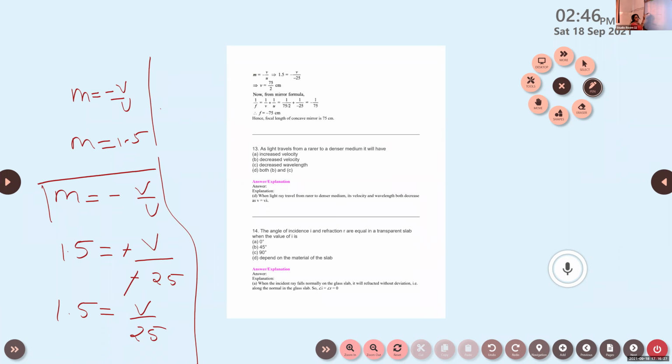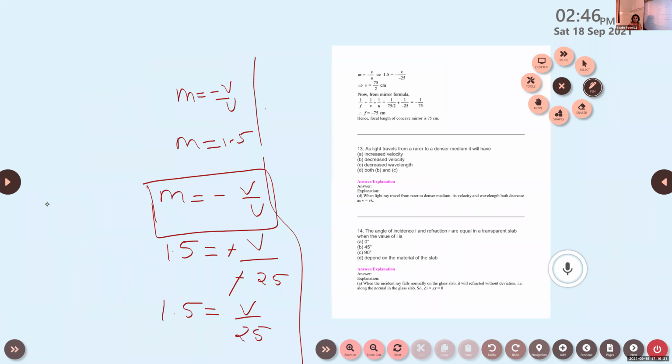According to magnification, M is equal to negative V by U. Magnification is given, that is the size of the image relative to the size of the face. It is 1.5. 1.5 is equal to negative V by U. U is already given, the man's face is at a distance of minus 25. So minus V divided by minus 25, we can cancel these two negative signs.